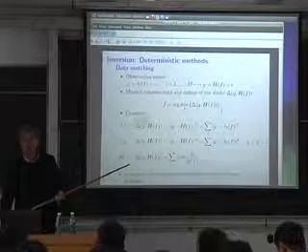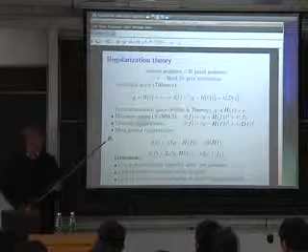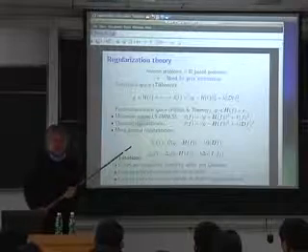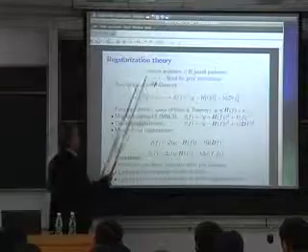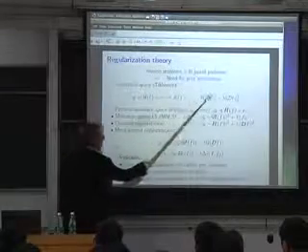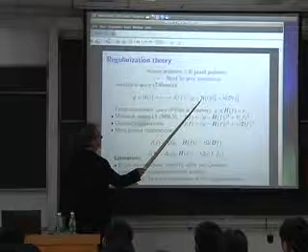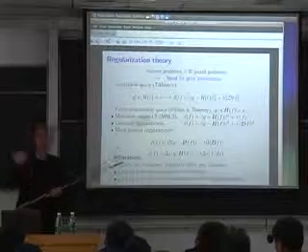So what to do in the inverse problems? The idea of regularization is that we have to add something else to this part. This part is necessary, it's important, but we need something else. We need some prior information.